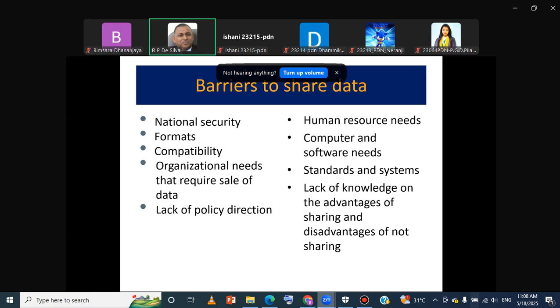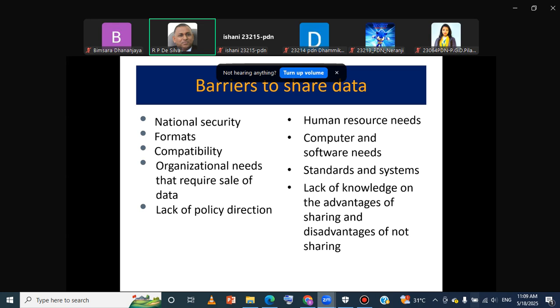That's another issue. Standards and systems. We don't have standards, we don't have systems in place. Everything is basically ad hoc. And also we, as a society, we should learn to share. We should learn the values related to sharing.